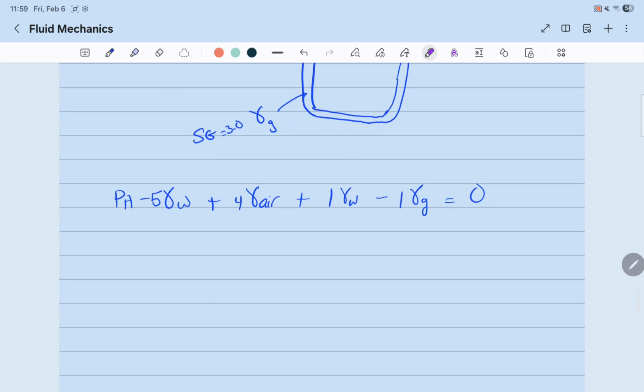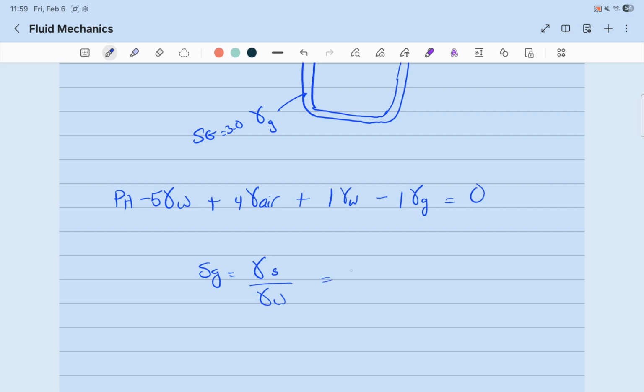Now, how do you go about finding the specific weight of an unknown liquid? We only know its specific gravity. Well, specific gravity is the ratio of the specific weight of the substance over the specific weight of water, as we went through in the first and second lecture.